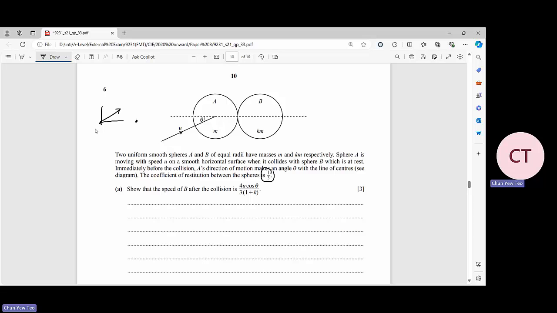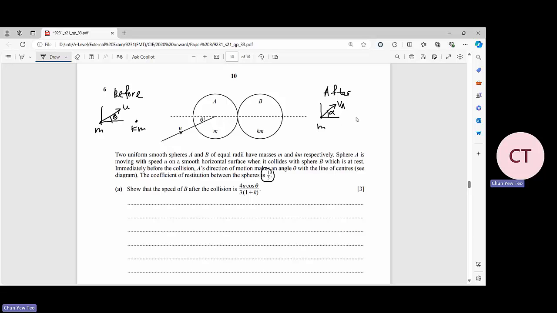Okay, so for these questions, we need to draw the directions of the speeds of a particle before and after. So for before, particle A is moving at angle theta with speed u. Then particle B is at rest. Then after, we will assume that A moves with speed vA at an angle alpha.